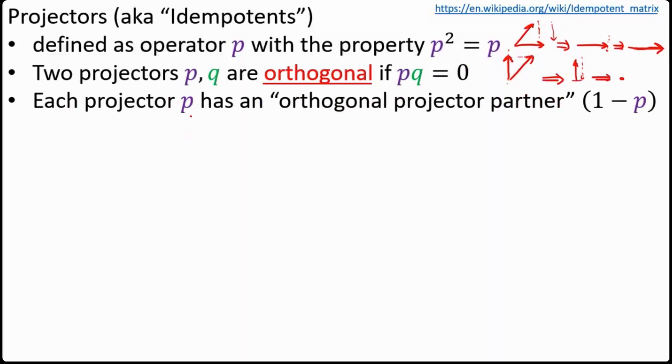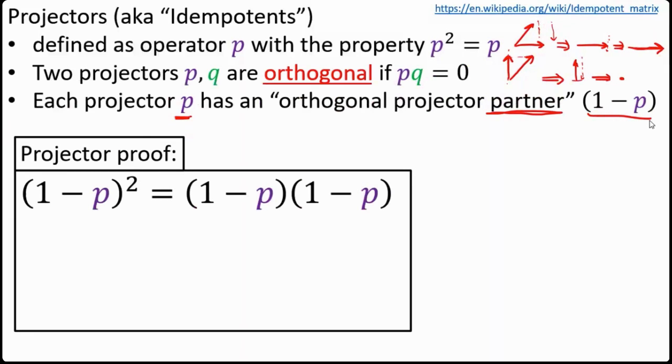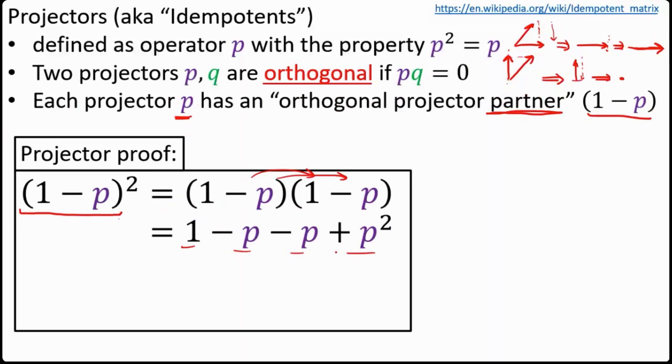Also, if I have a projector, there's kind of, I don't know what the word is, I called it a partner, but it has an orthogonal projector partner called 1 minus p. So just a quick algebraic proof of that. To show that this is a projector, we just square it: 1 minus p times 1 minus p, and then we FOIL that out, 1 minus 2p plus p squared.